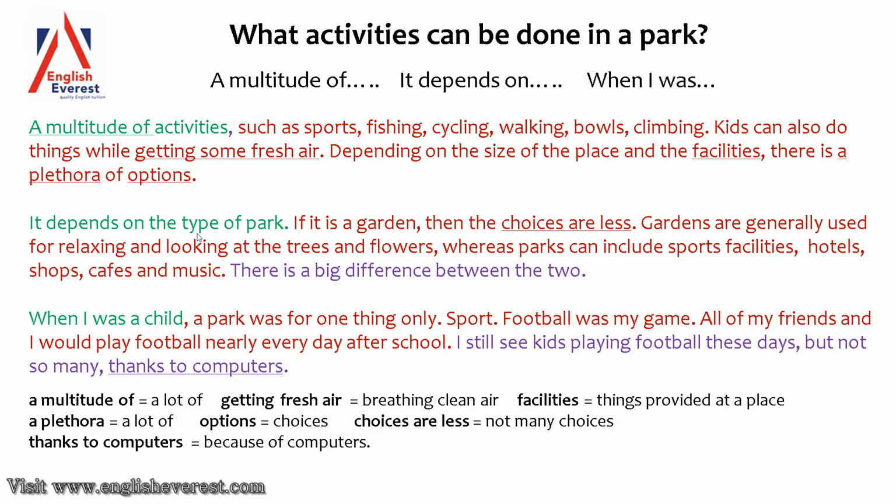It depends on the type of park. If it's a garden, then the choices are less. Gardens are generally used for relaxing and looking at trees and flowers, whereas parks can include sports facilities, hotels, shops, cafes, and music. There's a big difference between the two.